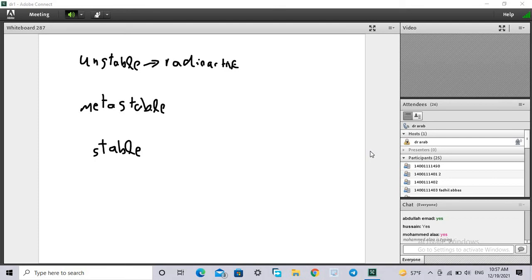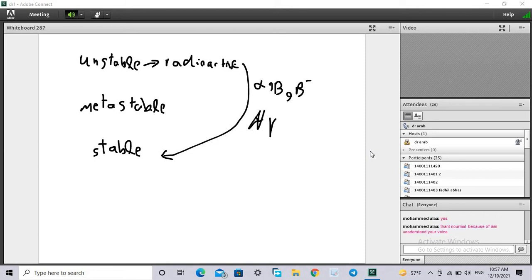Sometimes radioactive nuclei can directly decay to the stable state. In this situation, they emit alpha, positive beta, or negative beta particle alongside gamma radiation. Okay, gamma radiation.